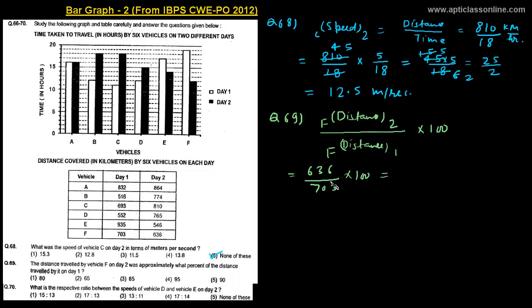So if we make 703 as 700, we can write it in this manner: 636 divided by 700 into 100. This 0 will go here, we will get 7 9s, and it will be close to 91%. Let's see which option is close to 91%. The fifth option is correct.